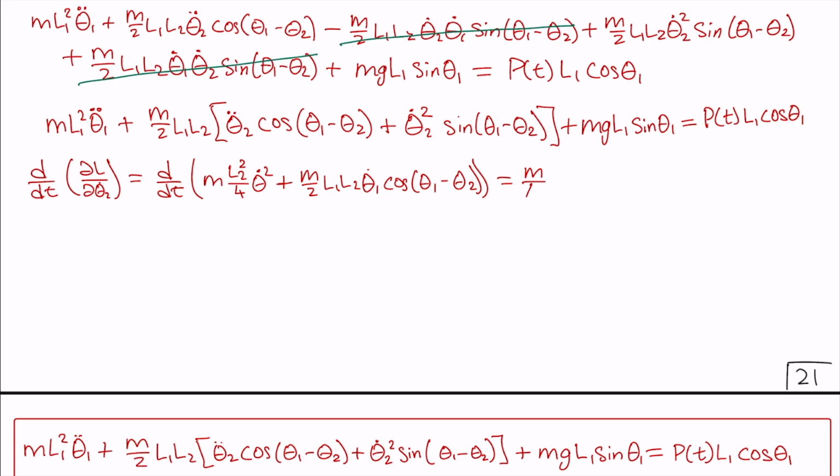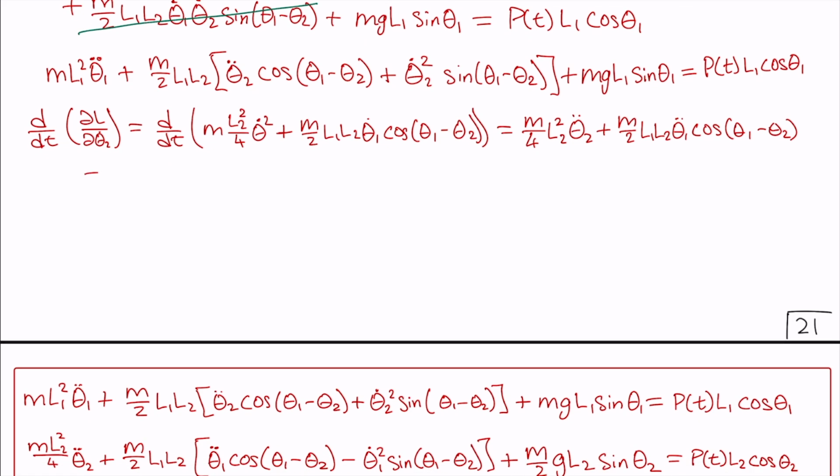So we're going to have m over 4 L2 squared theta 2 double dot plus m over 2 L1 L2 theta 1 double dot cosine of theta 1 minus theta 2, and then minus m over 2 L1 L2 theta 1 dot times the quantity theta 1 dot minus theta 2 dot times the sine of theta 1 minus theta 2.